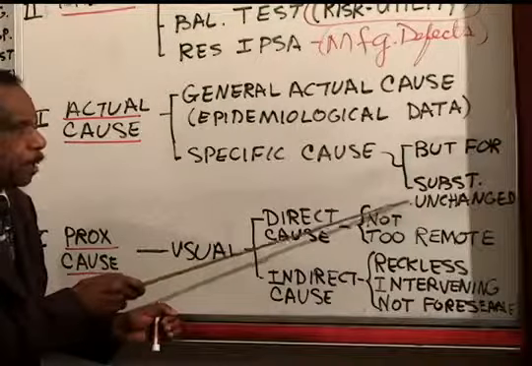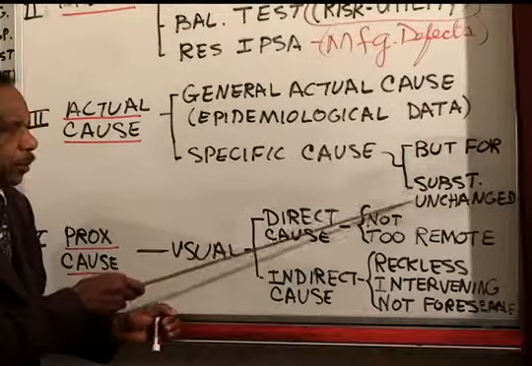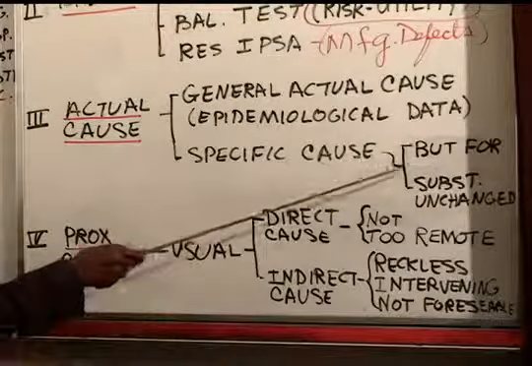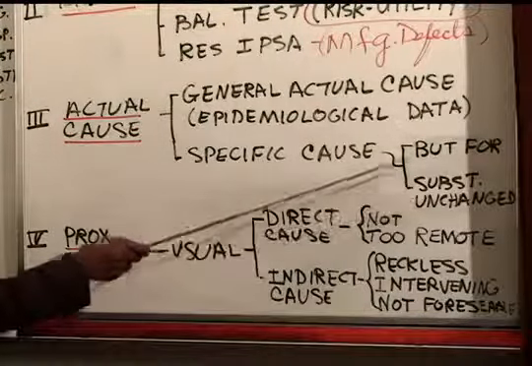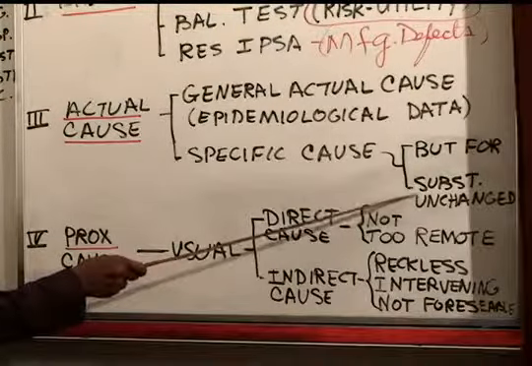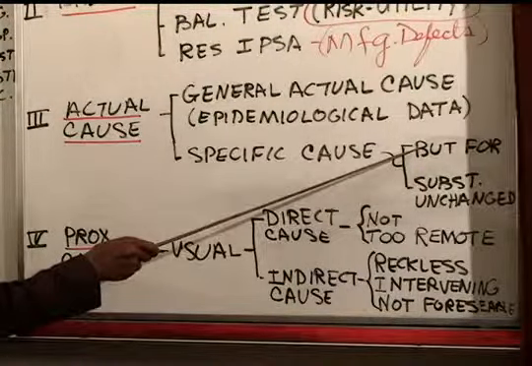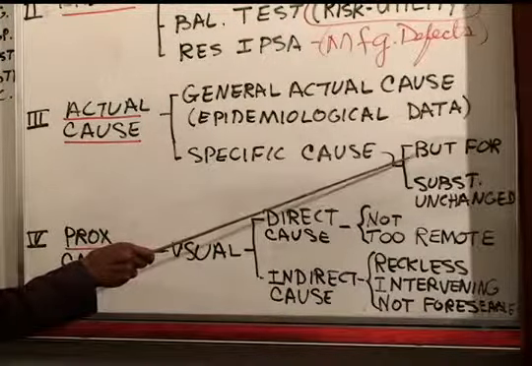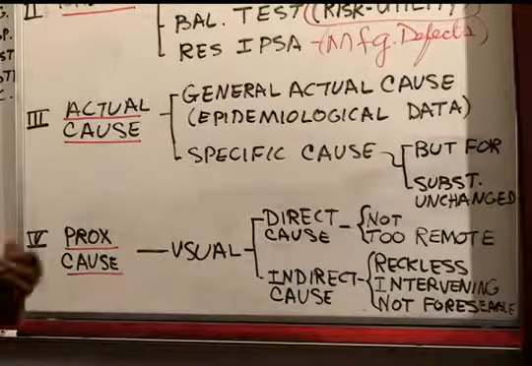But otherwise they will be. So specific cause is that if it got there substantially unchanged, you can use that, and that satisfies but-for causation: but for the drug or whatever, the damage wouldn't have happened.